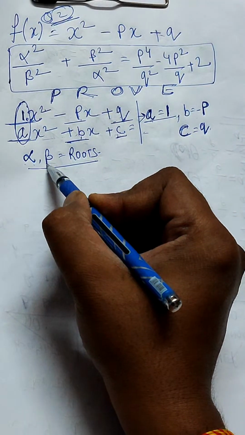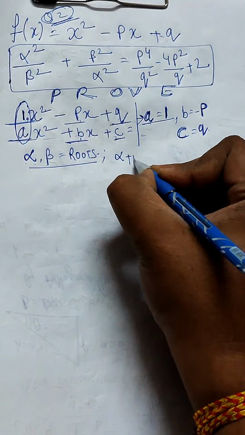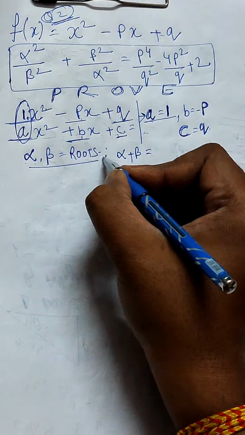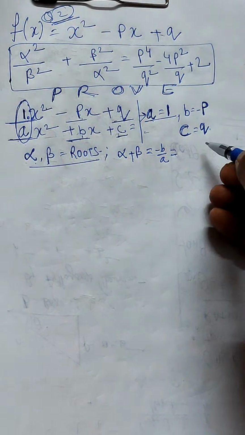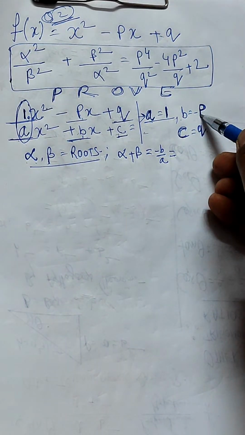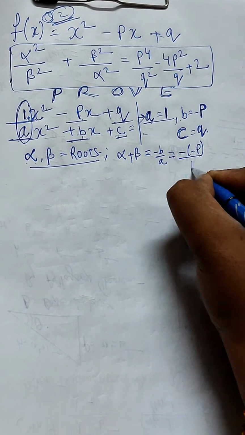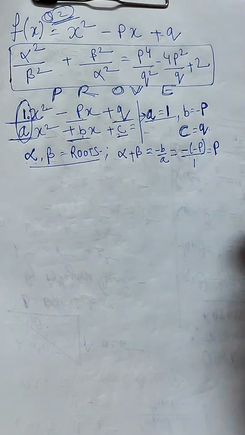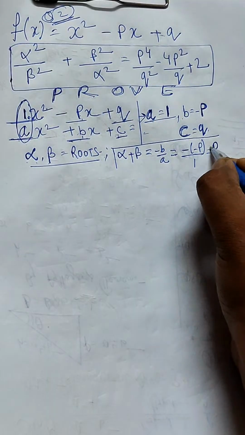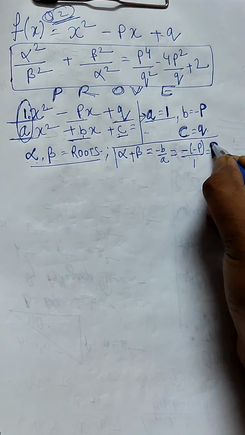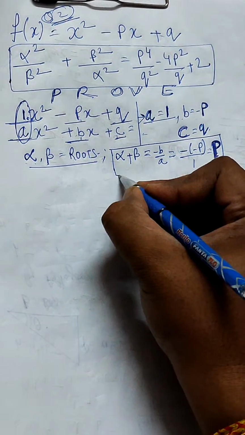So the sum of the roots is minus b by a. What is the value of minus b? b is minus p, so minus times minus p by 1 will be p. So the value of alpha plus beta is p.